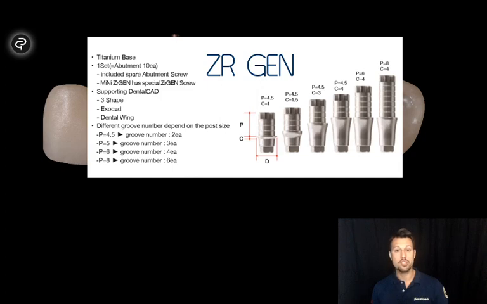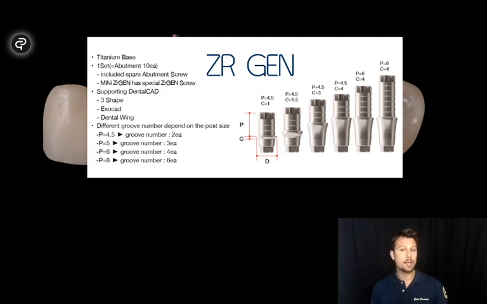And what is a Zirgen? A Zirgen is a titanium base that has different heights of the cuff. Why? Because the cuff should stay 2 millimeters away from the bone. That means that if we talk about conical, we can go subcrestally 1-2 millimeters. So if we are 1 millimeter subcrestal, we need to stay 2 millimeters up to the crest.